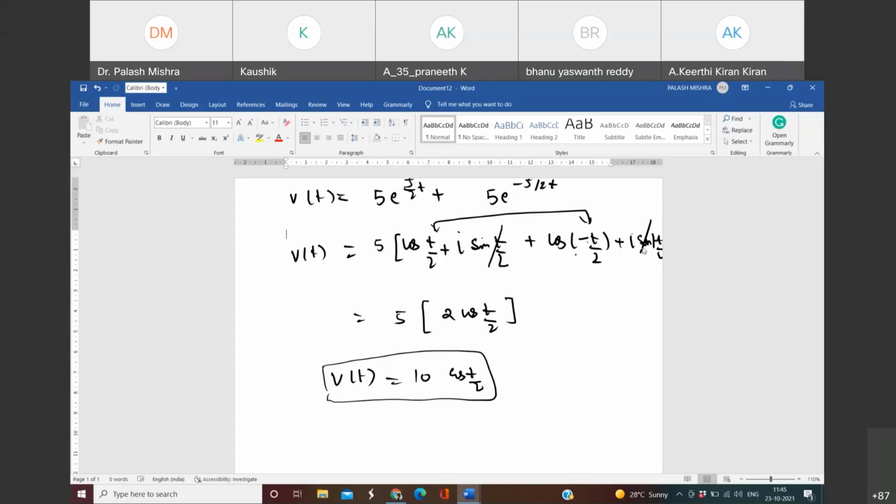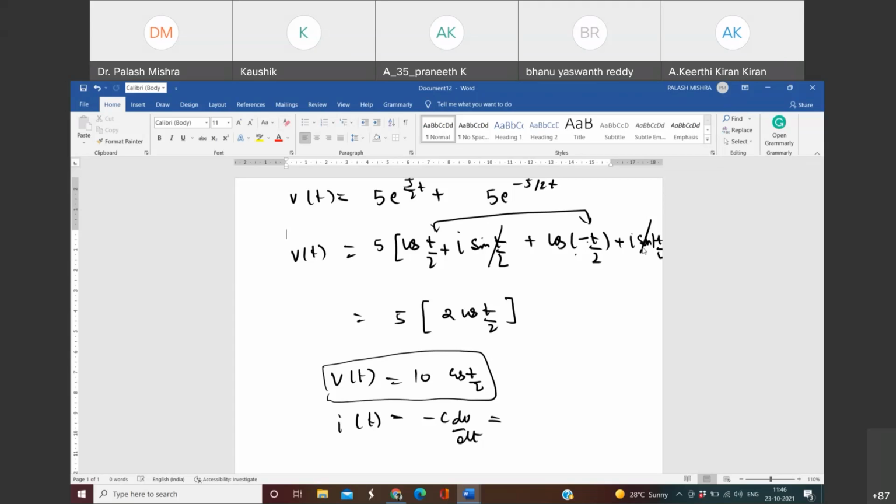Yes, sir. Please tell me the value of I also. I will not solve for I until you tell me. I will be equal to minus C dV by dt. Please tell me the value of I. 10 sine t by 2.